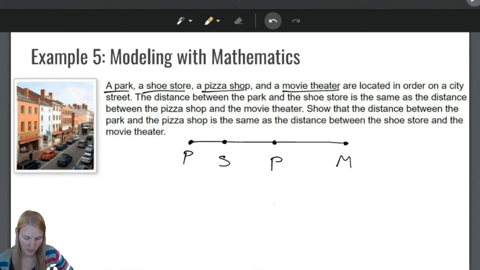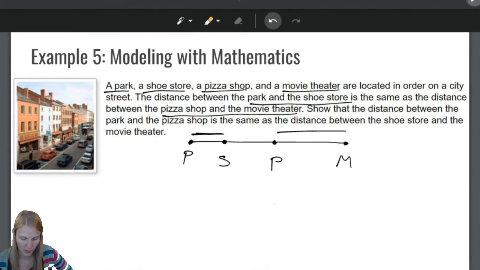The distance between the park and the shoe store is the same as the distance between the pizza shop and the movie theater. Oh, so these are supposed to be the same. Okay. Need to redraw my picture.